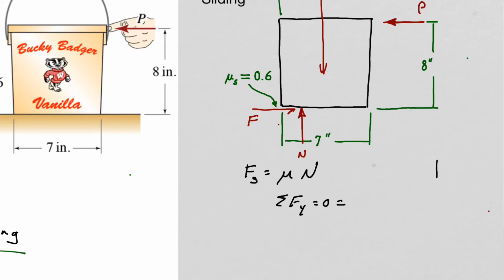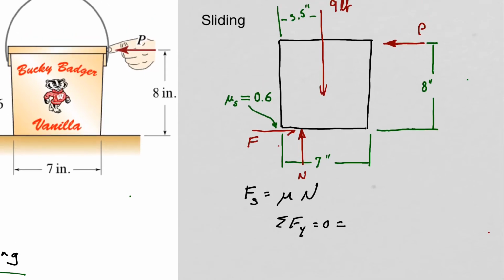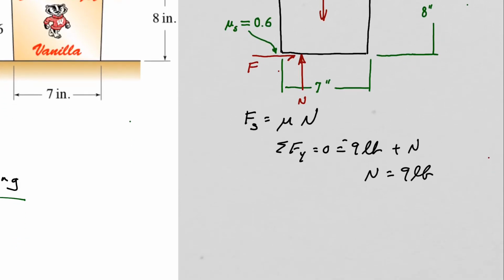We have our 9 pounds negative plus our normal force, so N is equal to 9 pounds. We can now substitute that value in for our frictional force. We have Fs equals 0.6 times our 9 pounds. Fs is then equal to 5.4 pounds.